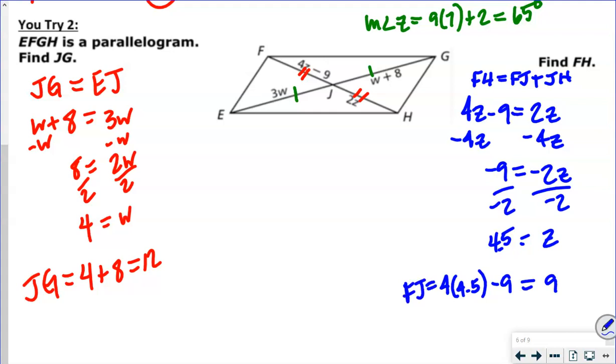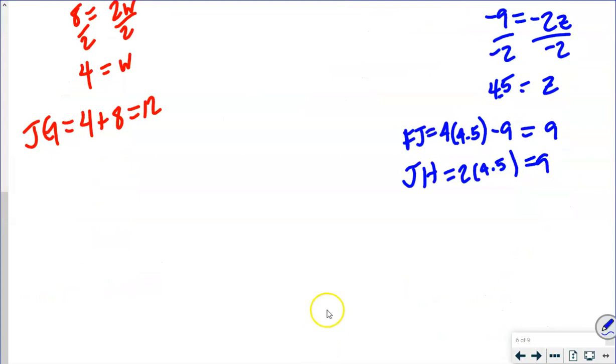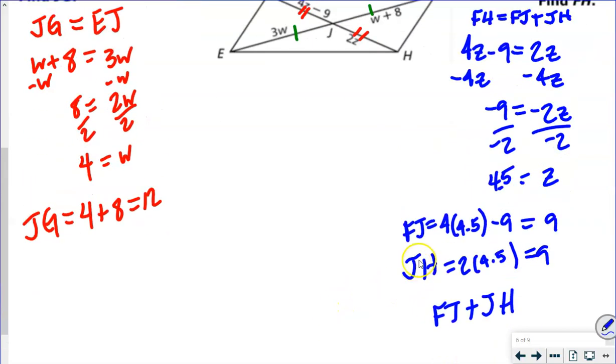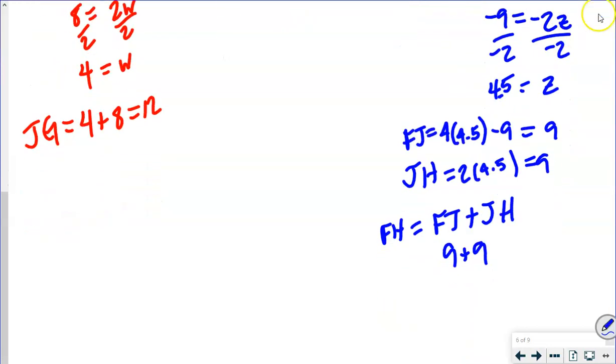And then for JH, 2 times 4.5, which is 9, right? Now, again, look up here. To find that length, what we want to do is add those two together, FJ plus JH. That's what's going to give us our FH, right? So that's going to be 9 plus 9, isn't it? So FH equals 18.